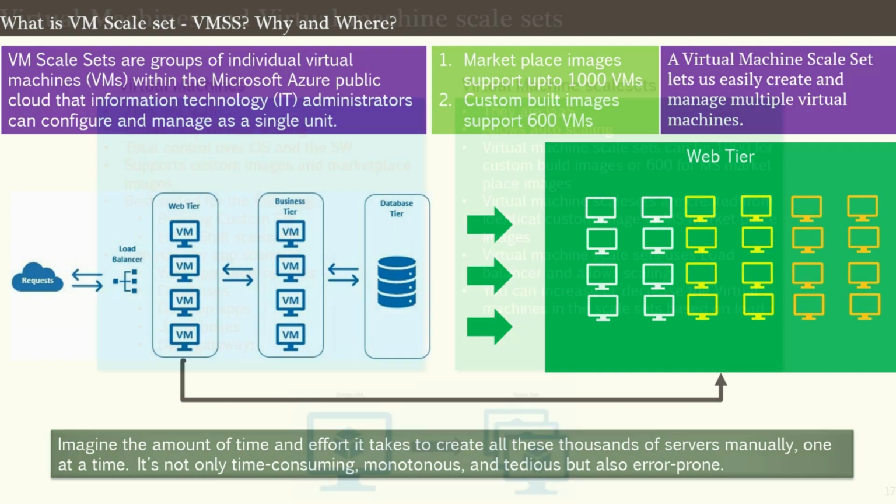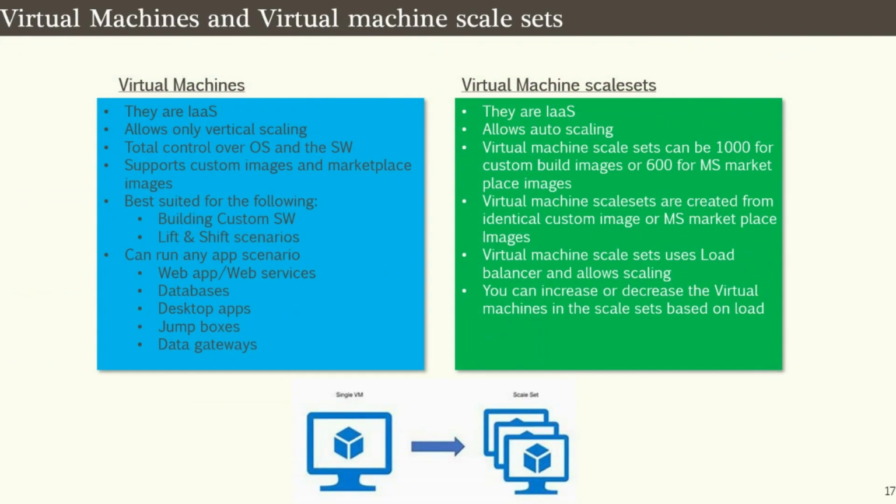Next, let's see some common properties between the VMs and the VM scale set. Both are of type infrastructure as a service. That's point number one. Number two, the VMs allow only vertical scaling, whereas if you set a VM scale set for auto scaling, the number of VMs of similar size and type grow or shrink based upon the demand.